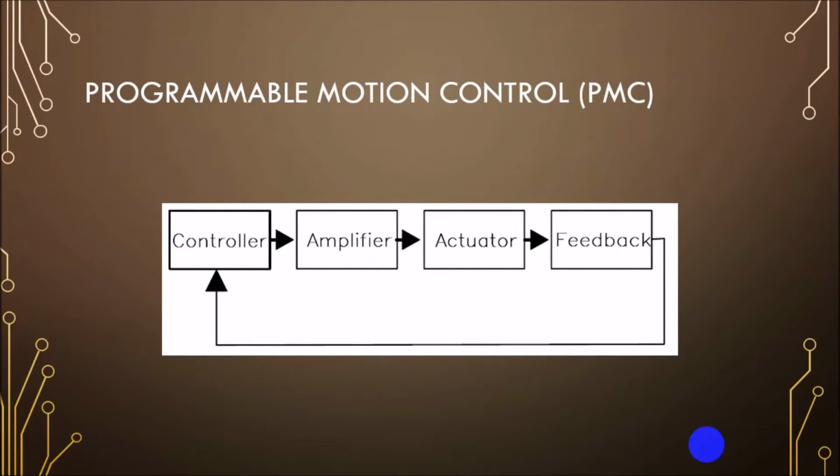Expanding on this definition, in today's concept for the equipment used to control motion, programmable motion control commonly takes the form of a microprocessor-based system. The system will be comprised of the following basic elements: control, amplifier, actuator, and feedback. A simplified block diagram of a programmable motion control system appears below.